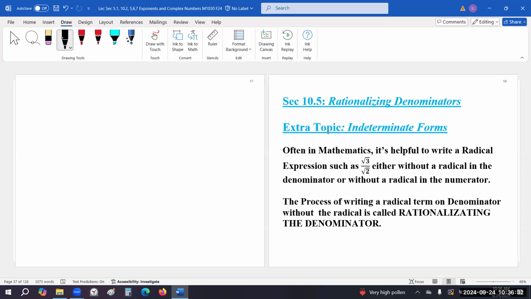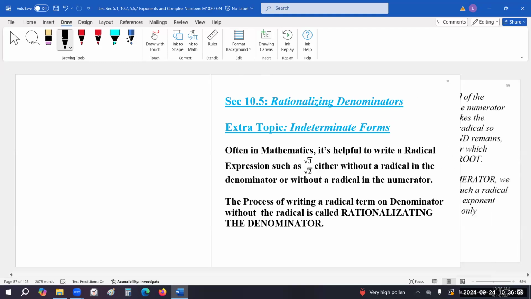So in 10.5, our goal is to not see any type of radical either on the top or on the bottom. If you want to get rid of the radical from the top, we call it rationalizing the numerator. But if you want to get rid of the radical from the denominator, we call it rationalizing the denominator. Why do you do that?